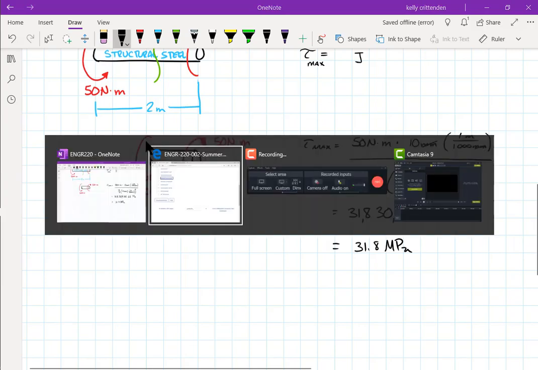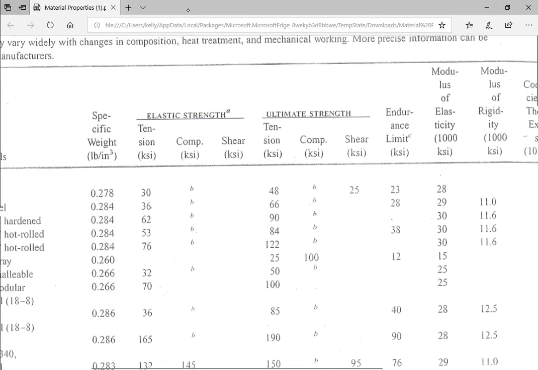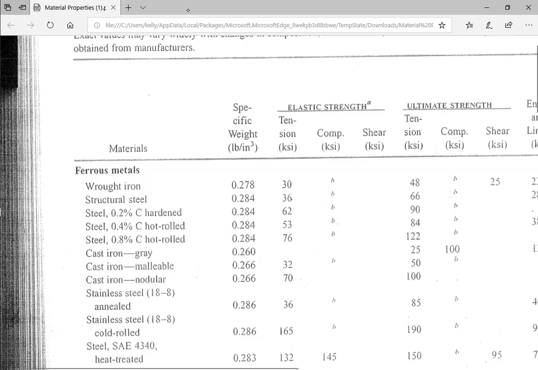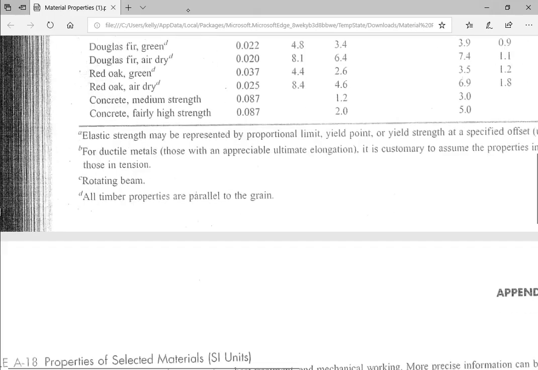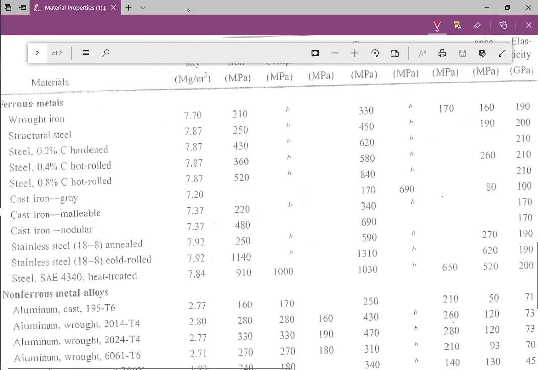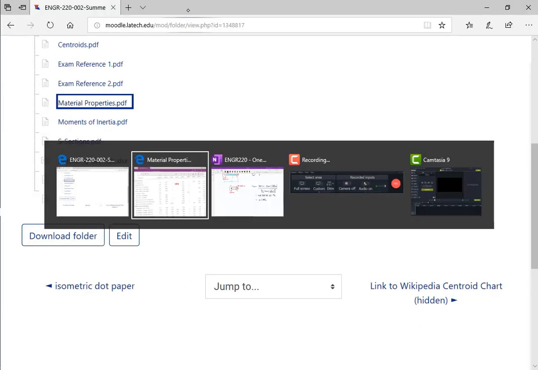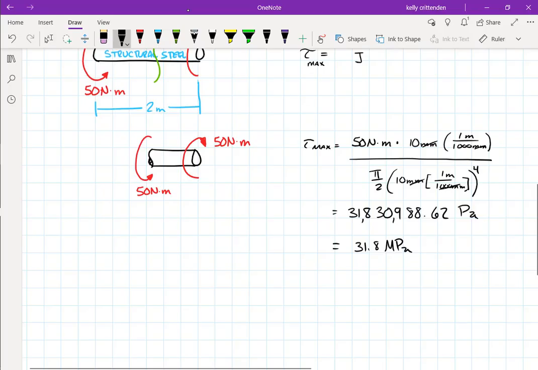Do I still have it open? Yeah. So if this was the structural steel material, the elastic strength, oh, wrong units. Elastic strength in tension is 250 megapascals. This is a shear. Shear is not listed over here. So remember, whenever we don't have a shear listed, we're just going to take half of the tensile strength. So it's 125 megapascals for the shear strength of this material.